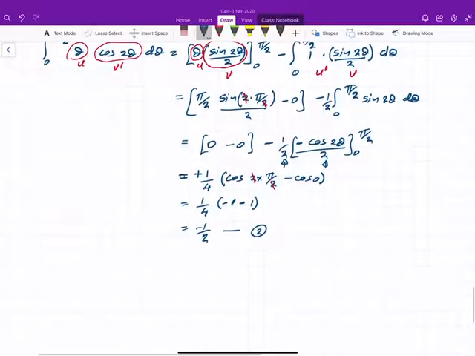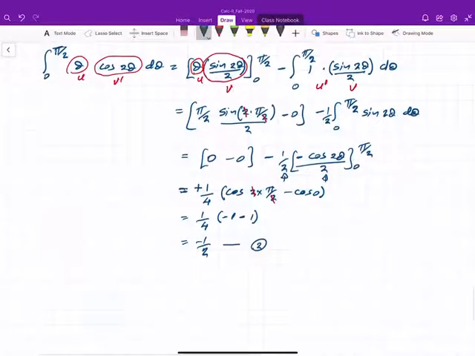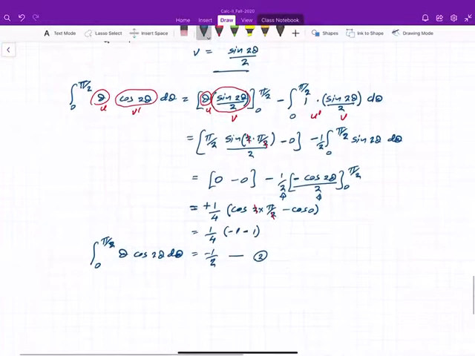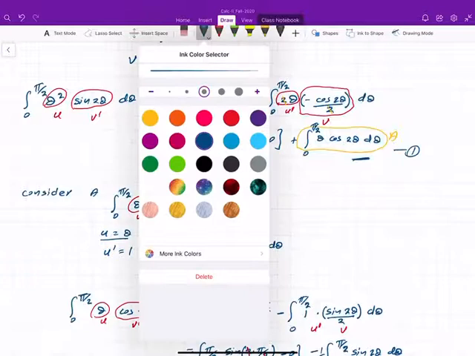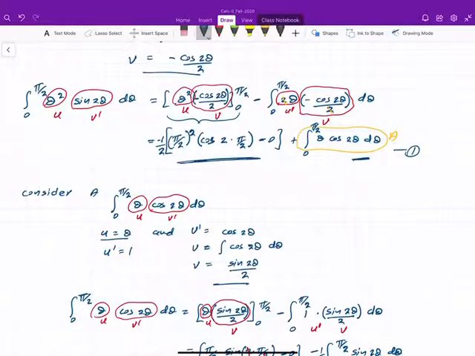Alright, so let me take that as equation number 2. Equation number 2 is actually the integration from 0 to pi over 2 of theta cos 2 theta d theta. Now we have already found part A, and then we have to plug it back. Before that, let me simplify this part a little bit. Let me get some space here.